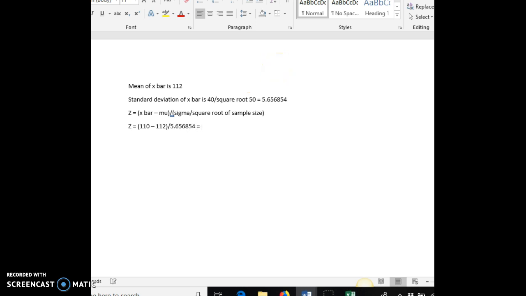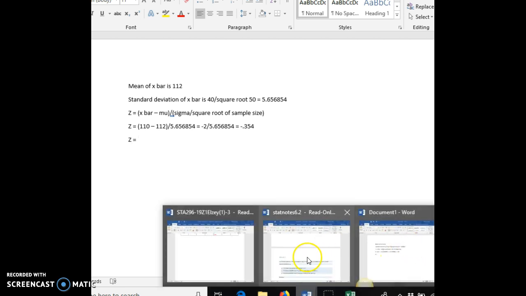And that is going to give us -2 on the top and still have this large decimal on the bottom. All right, and I'll put that into my calculator. And that gives me -0.354.